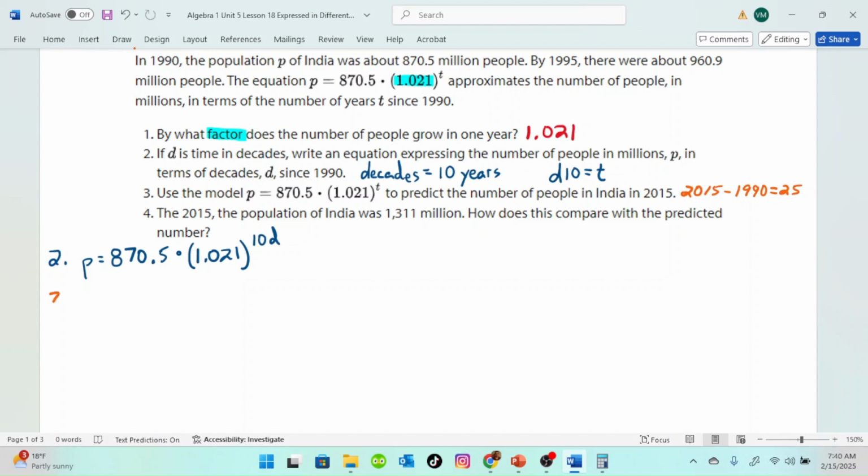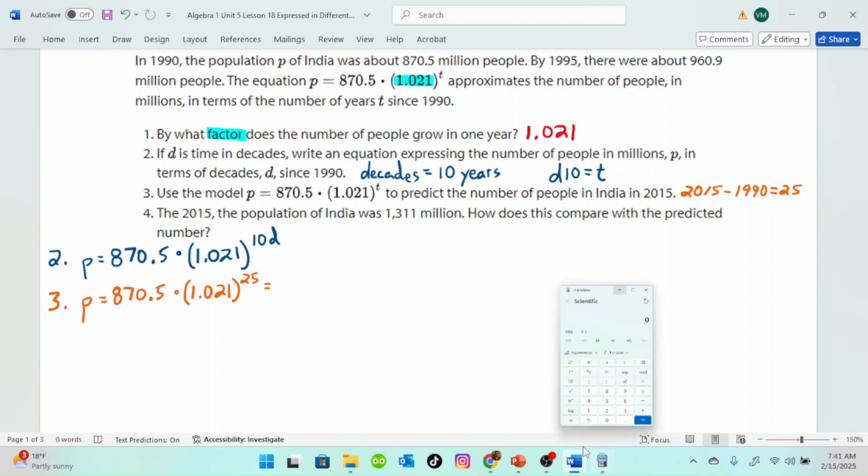So for number 3, we're going to say P equals 870.5 times the growth factor of 1.021 to the power of 25.